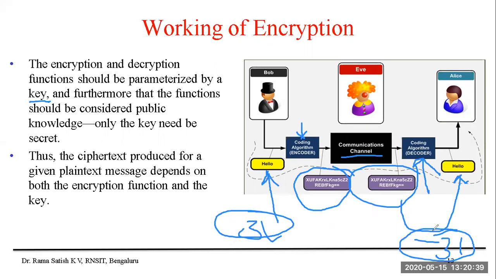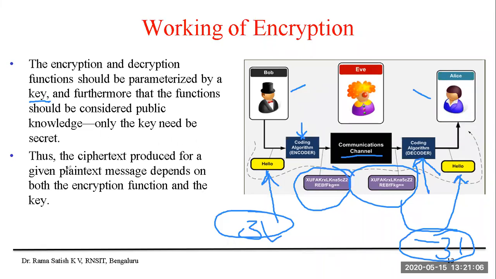Furthermore, the function should be considered public knowledge. The key needs to be secret, and only Alice knows what key Bob has used, and Bob also knows what key Alice is going to use. So Bob and Alice use the cipher key.